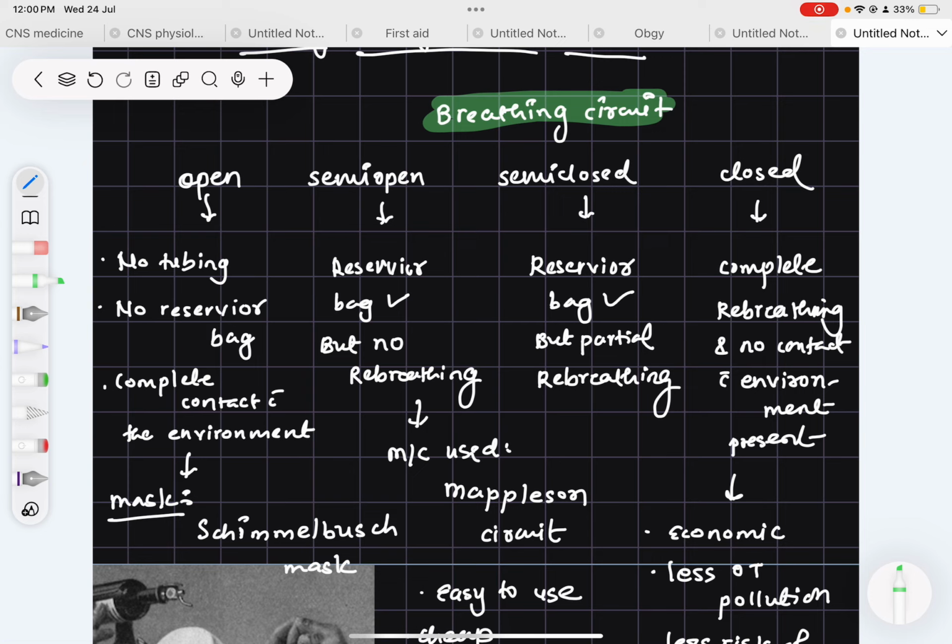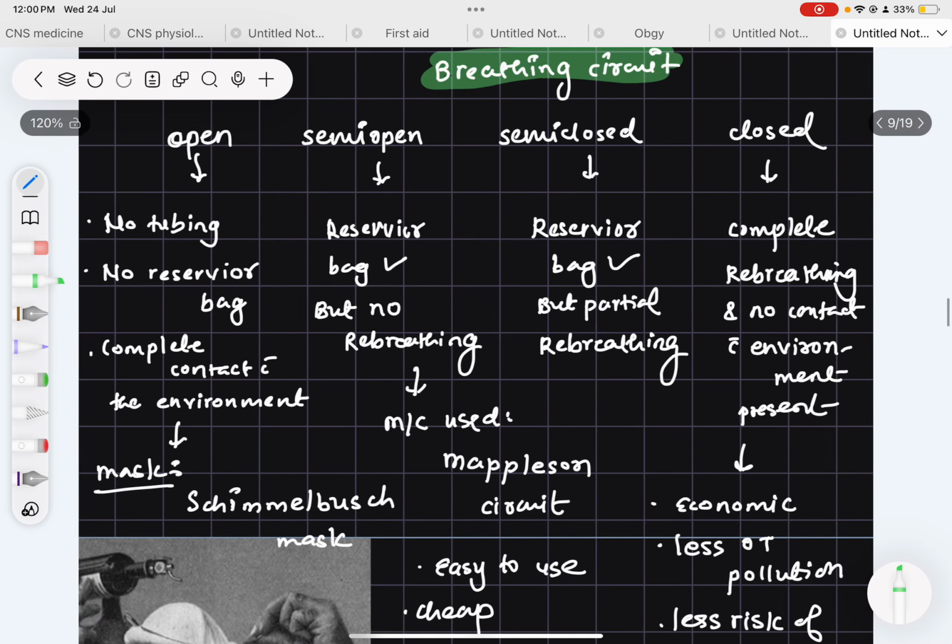Now let's first discuss the open circuit. In open, there is no tubing, no reservoir bag, and complete contact with the outer environment. It means in this kind of anesthesia, there will be no anesthesia machine, no gas cylinder or pipeline delivering to the patient.